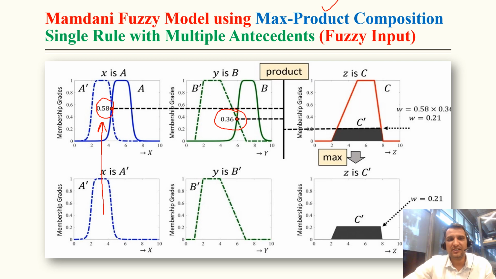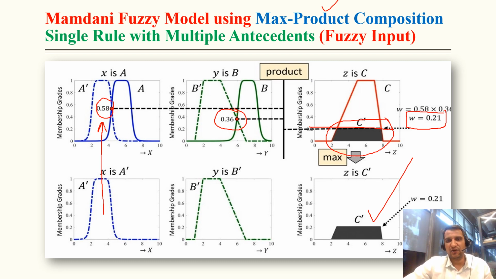So in the earlier case we took the minimum value out of 0.58 and 0.36, but in this case we multiply 0.58 and 0.36, and after multiplication value comes out to be 0.21. Now we have to slice at 0.21. So this will be our final output, that is C dash. Right? So this is the only difference, max min and max product.